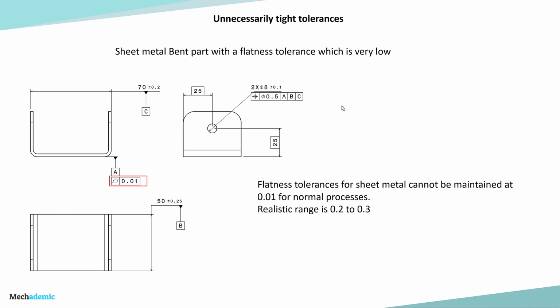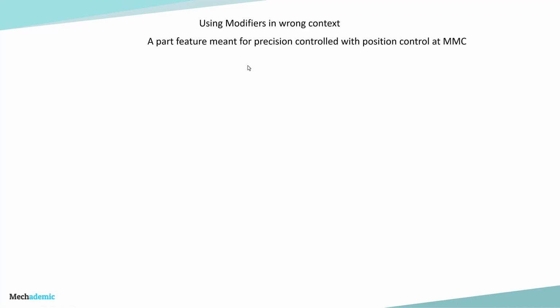So when we are specifying such tolerances, it's important to look up the common tolerance ranges for manufacturing based on the manufacturing processes. So we need to consider the manufacturing process capability when we are defining these tolerances. That's the main takeaway.